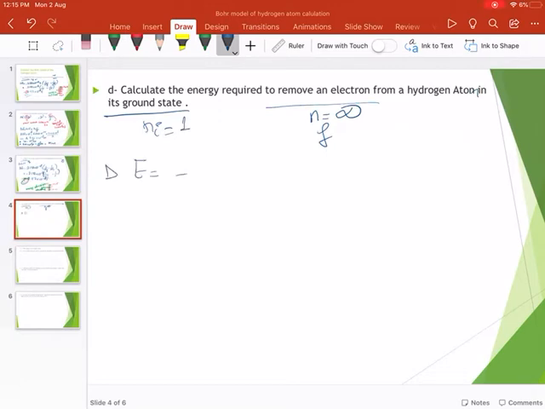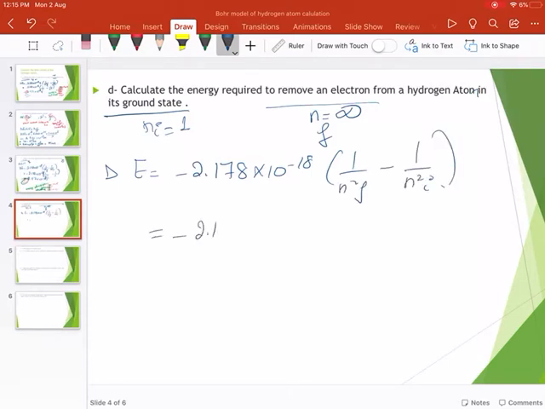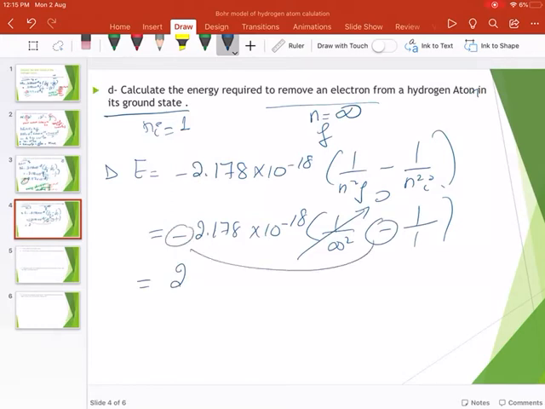So delta E equals minus 2.178 times 10 negative 18, 1 over n squared final minus 1 over n squared initial, which is minus 2.178 times 10 negative 18, 1 over infinity squared, which is equal to 0, minus 1 over 1. So the answer will be minus times minus, and the answer will be plus 2.178 times 10 negative 18.